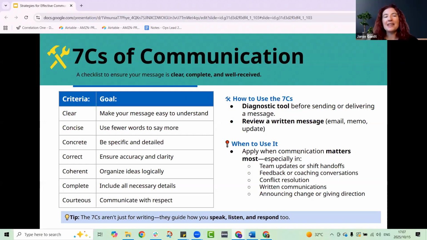So let's start with the 7 C's. Who has used the 7 C's? Tell me in the chat, or you can raise your hand and come off mute, whatever feels good for you. But tell me how you have applied this. Who has applied it and how did that go? How did you use it? Let me know. And if you haven't applied it, you can say no in the chat too. That's fine.